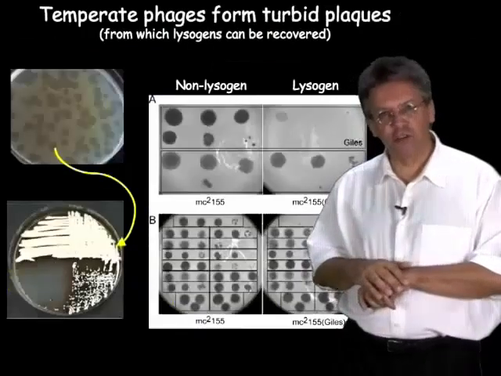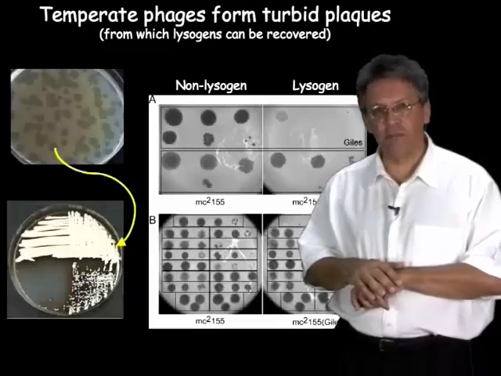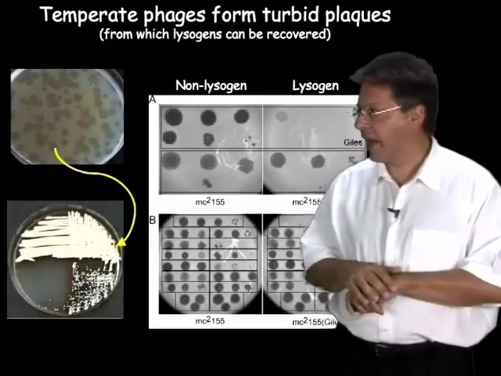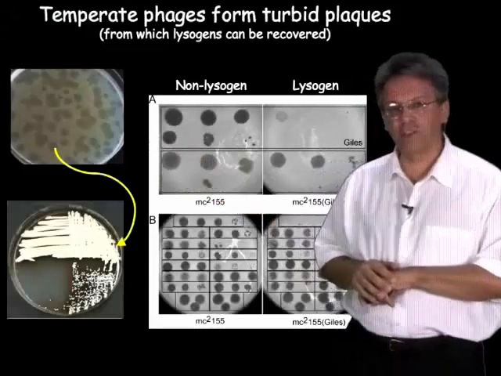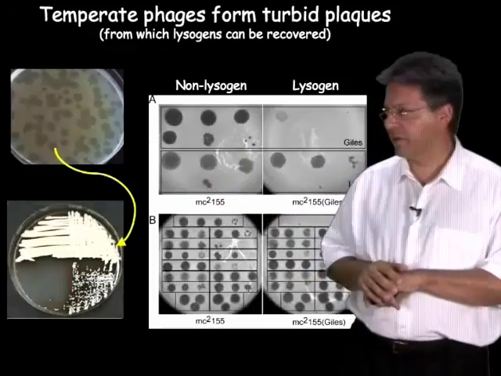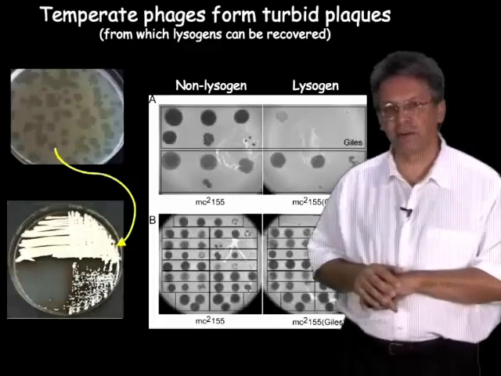This slide just shows an example of how that can be studied and what that looks like in the lab. At the top left here are plaques of a turbid phage, a temperate phage growing on a lawn of bacteria.